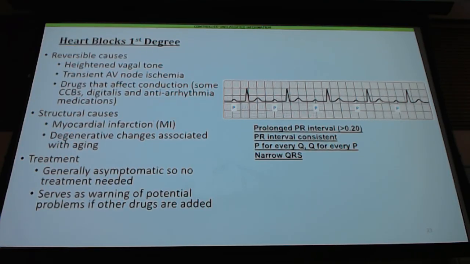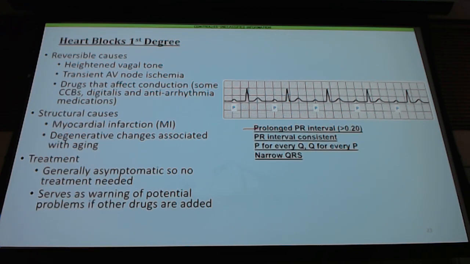And that will then lead to that delayed ventricular response, or that ventricular depolarization. So when you talk about the criteria for a first-degree AV block, you've got to have a prolonged PR interval, but it is consistent.